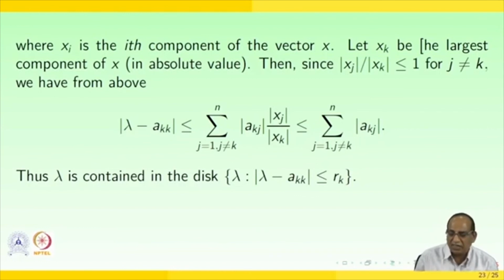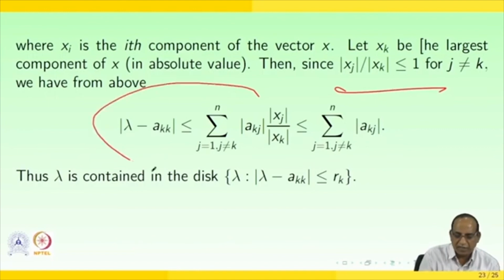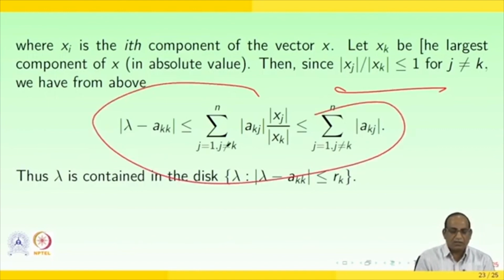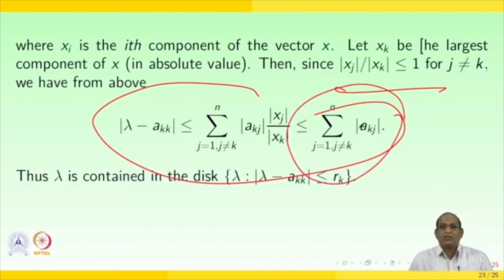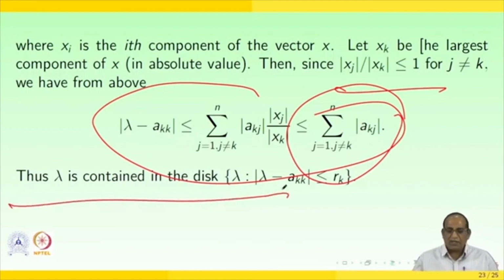Then since |xj/xk| is less than or equal to 1, we can write |lambda - akk| less than or equal to the summation over j not equal to k of |akj||xj/xk|, which is less than or equal to Rk. So lambda is contained in the disk.